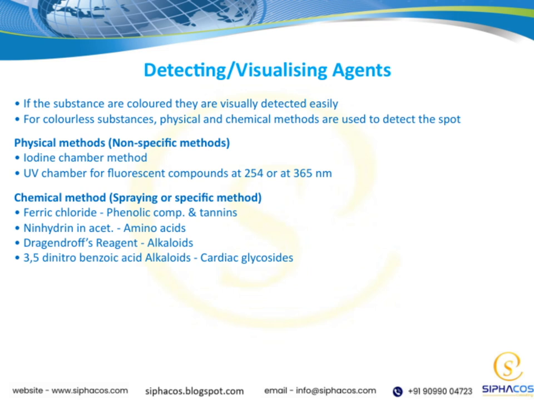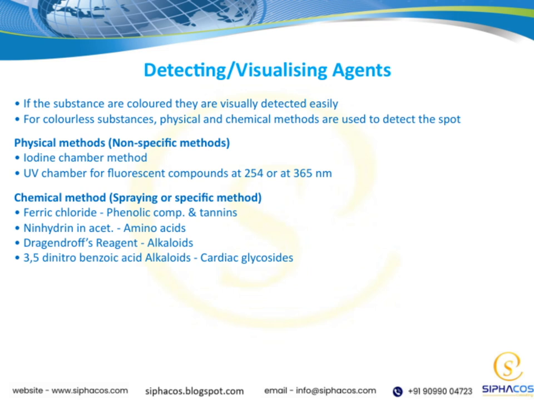It produces a distinctive color change that indicates their presence. Lastly, for alkaloids and cardiac glycosides, 3,5-dinitrobenzoic acid is employed, which reacts with these compounds to give a specific visual response. These detection methods, both physical and chemical, are crucial tools in identifying substances accurately, which is fundamental in our overall analysis process.